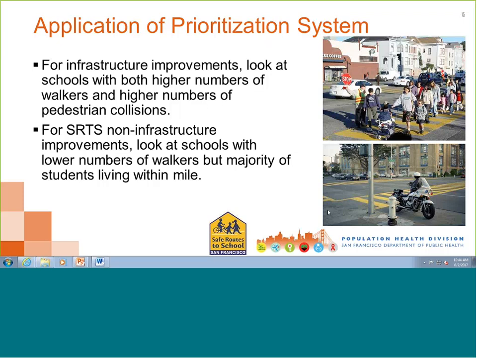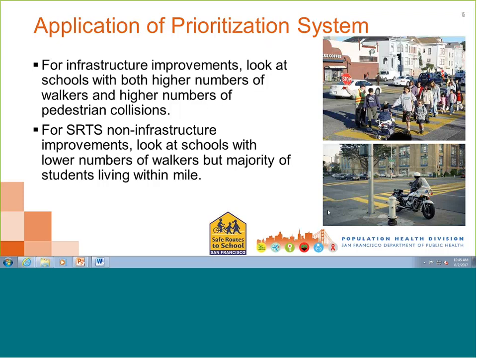But for our non-infrastructure programming, we really want to look at schools that have lower rates of walkers, but still have a walk shed, or a majority of students that live within, we use 1 mile as a marker, so that we have the opportunity to increase walking and biking.